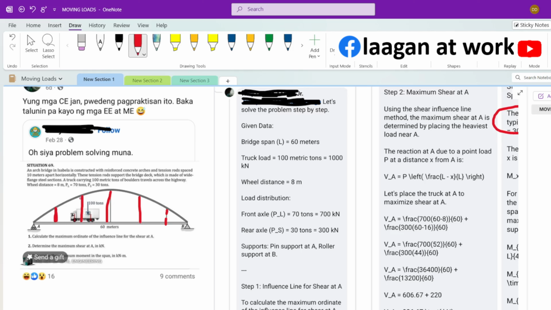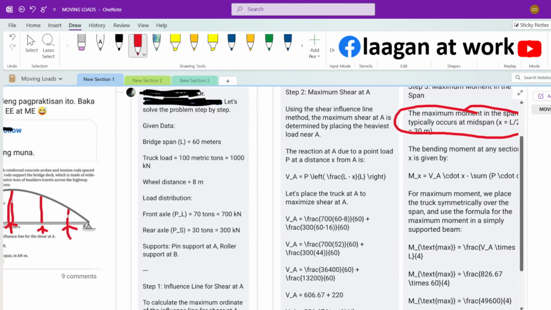Now, this anchor rod serves as intermediate supports and transfers the loads to the arch. So it is the same as if you have supports at its location. So your span in calculating the moment should not be 60.